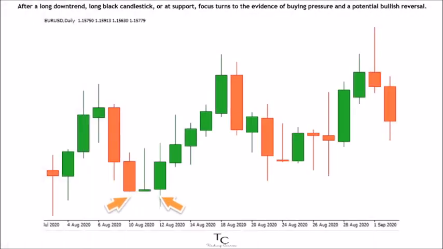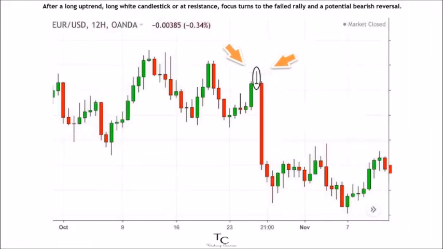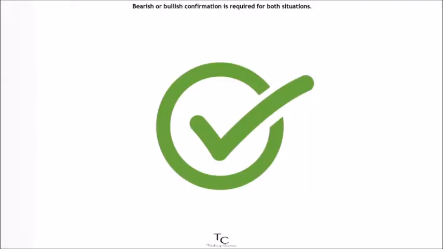After a long downtrend, long black candlestick, or at support, focus turns to the evidence of buying pressure in a potential bullish reversal. After a long uptrend, long white candlestick or at resistance, focus turns to the failed rally in a potential bearish reversal. Bearish or bullish confirmation is required for both situations.